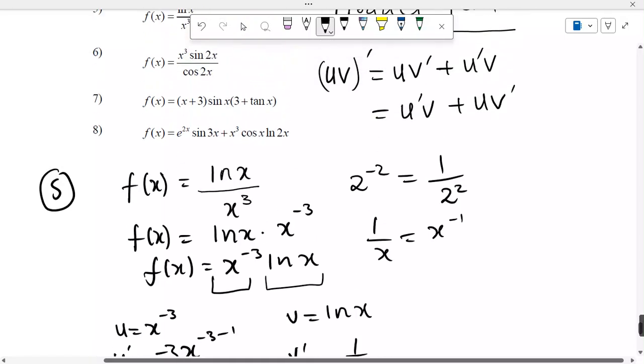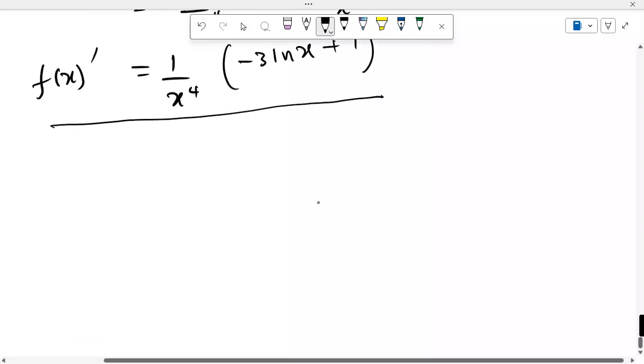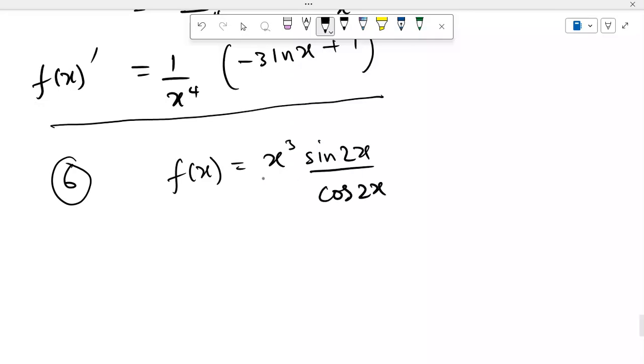Okay, so 6 is x cubed sine 2x over cos 2x. Sine x over cos x is always tan x.